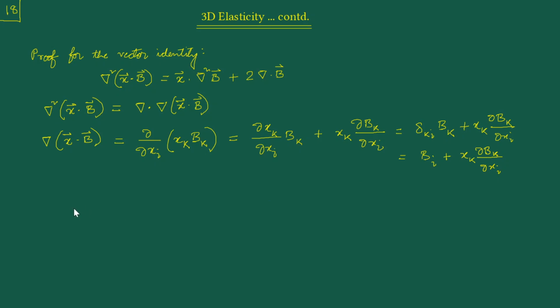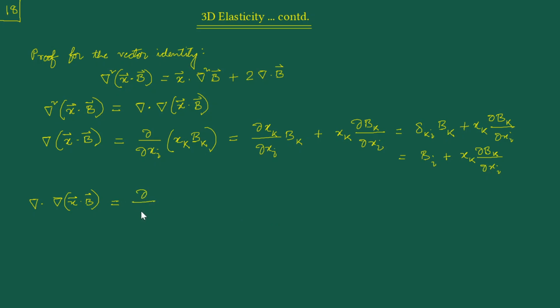All right, so next we carry out the divergence of what we had just obtained. So we consider the divergence of this.